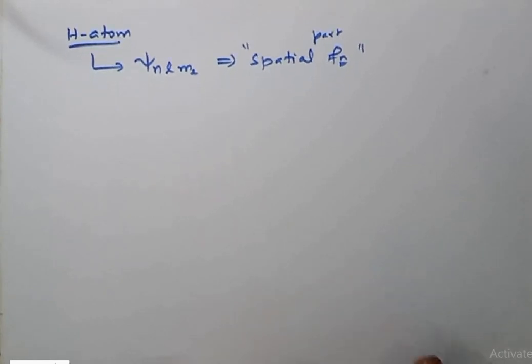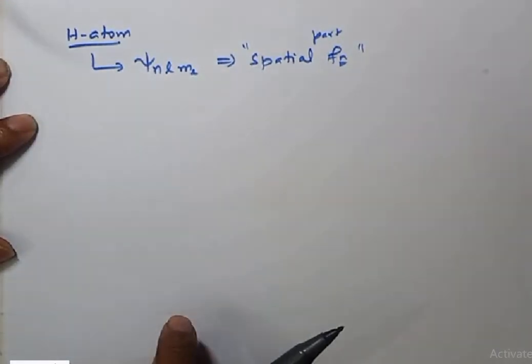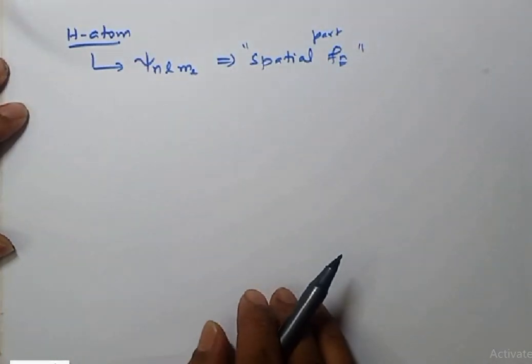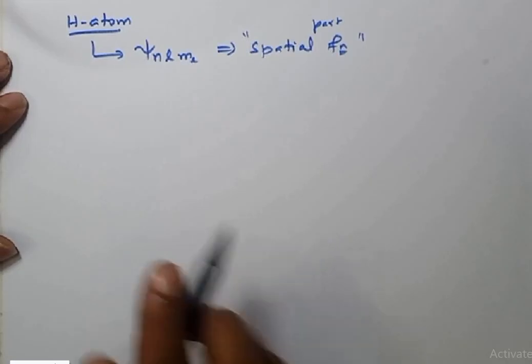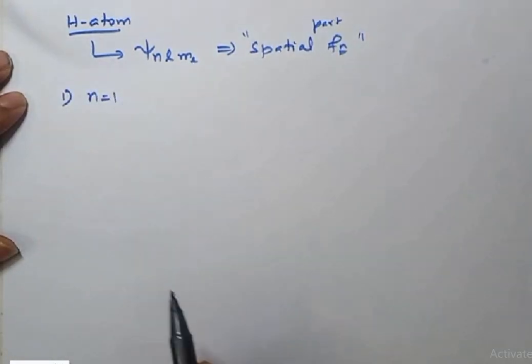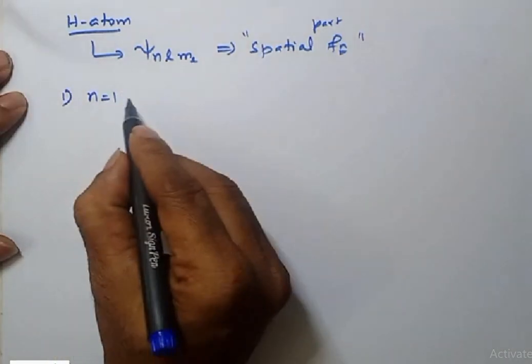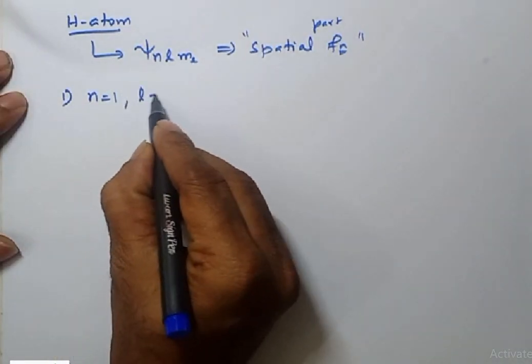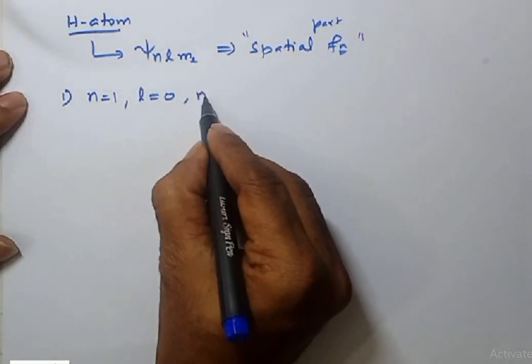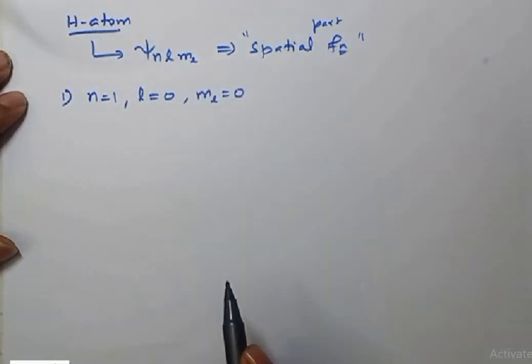Now listen. Depending upon the quantum numbers, we have different orbitals. If I put n equal to 1, that's the least possible value of n. n equal to 1 means the only possible value of l is 0. If l is 0, the only possible value of ml is 0.